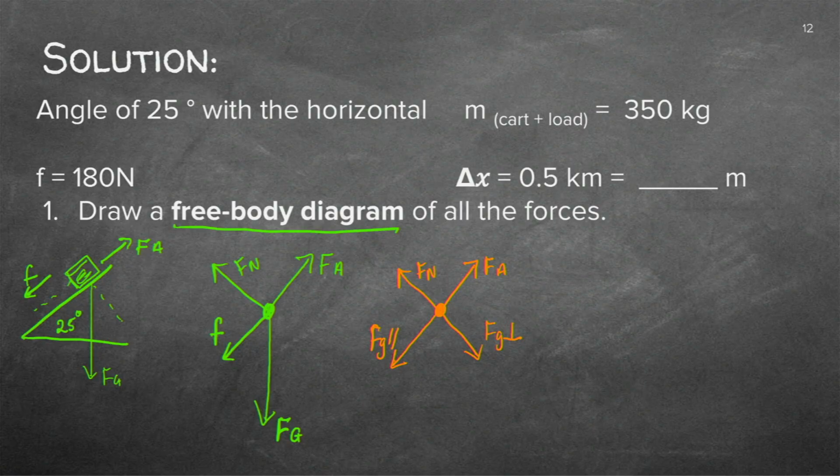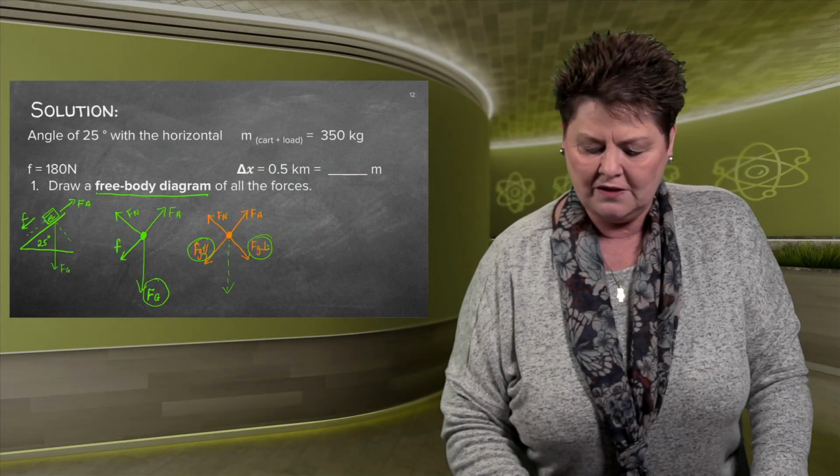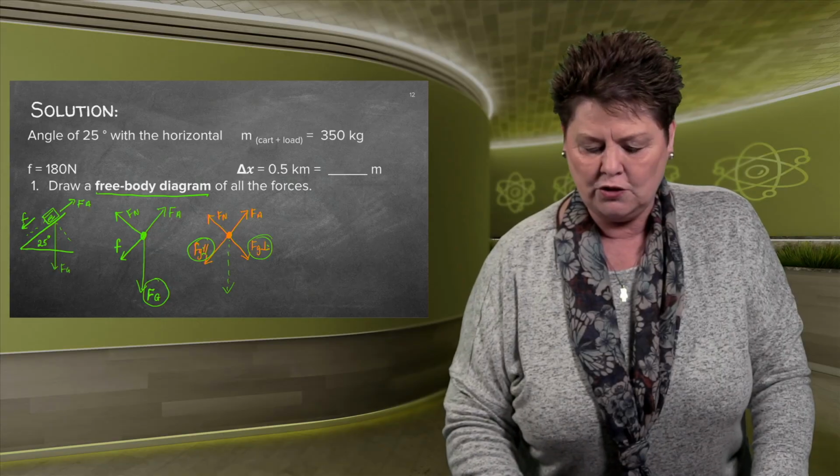Remember, you substituted this force with these two components. Never ever draw all three of them. You either have the gravitational force or you've got the two components. Please make sure that you don't lose marks with this kind of error.